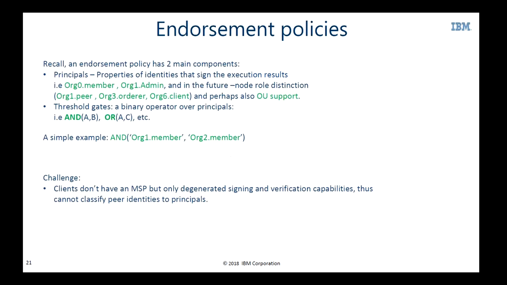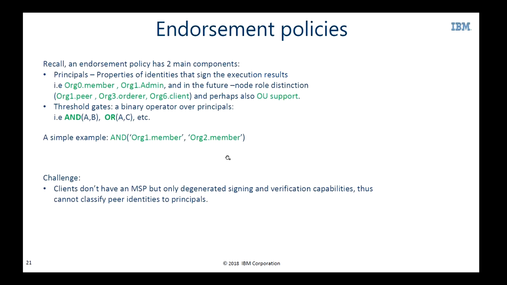Now, as we know, the clients currently, they don't have MSPs, right? Only the peers have MSPs and orderers have MSPs. So the clients can't really know if a given identity satisfies the principal without having all of the MSP code, which is by now pretty complex.